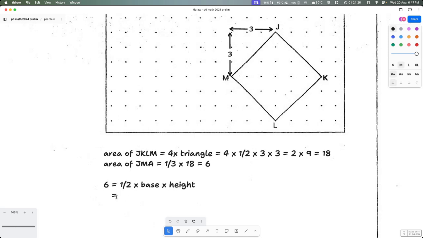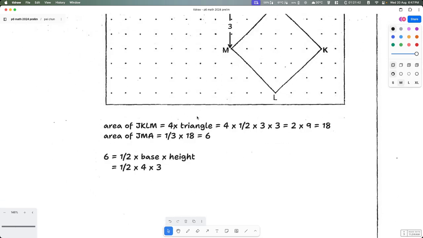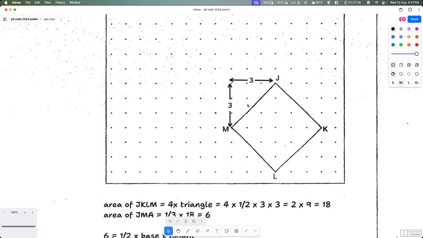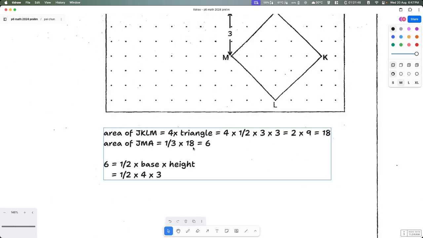So that means 12 can be 4 times 3, right? So what we can do is we can get a base of 4 and a height of 3. Is there another way? 4 and 3, or 2 and 6? So basically we need to get 12. 2 and 6, 4 and 3.